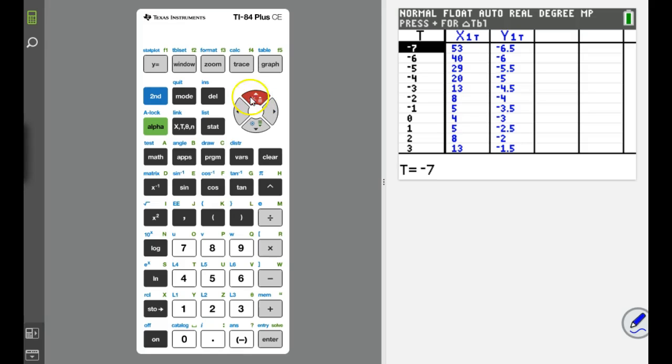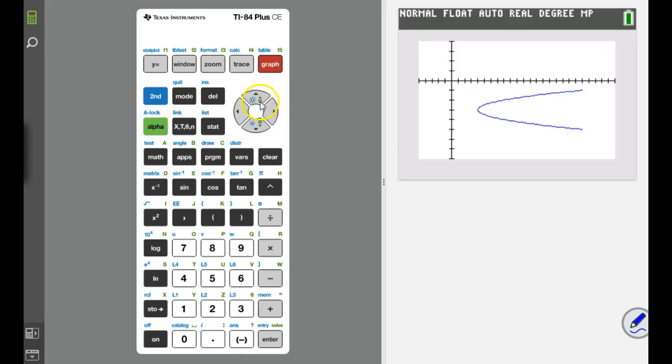The graph stopped, though. If you go back to the graph and you trace, it gives you the first endpoint. And then if you trace, this is interesting, guys. I want the little cursor to go to the left, but the only thing my arrows will let me do is go forward in t values. The only thing I'm allowed to adjust is the t value.